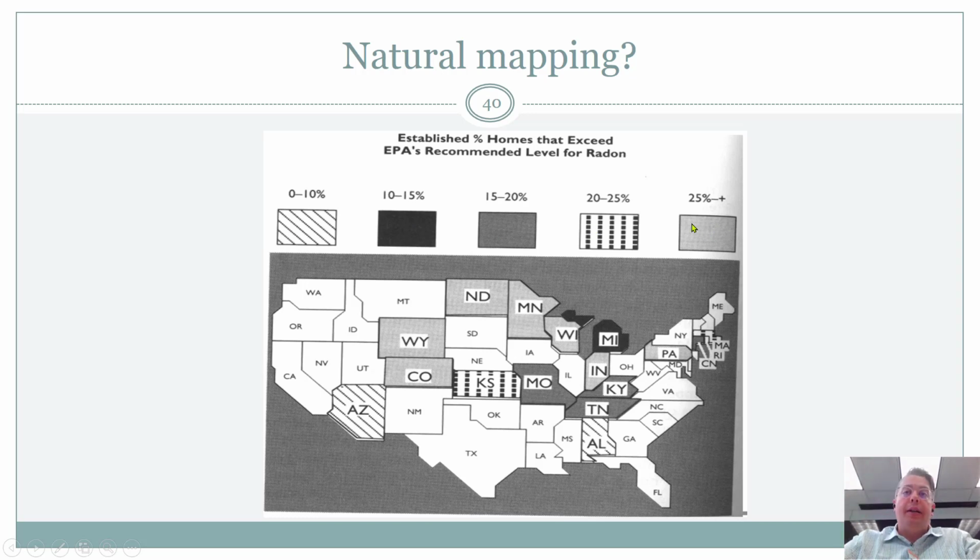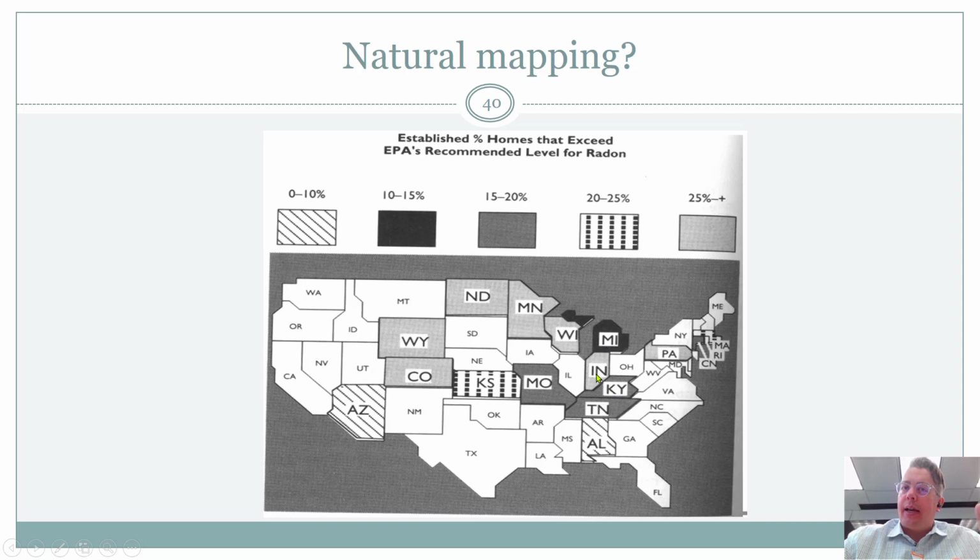Because the way I would answer this, if it was an additive representation, is I would say you shouldn't need a legend. Well, anyway, let me just explain again why this unnatural mapping here is problematic. If I look at Indiana versus Michigan, how does Indiana compare in radon levels to Michigan, and how does it compare to Kentucky?